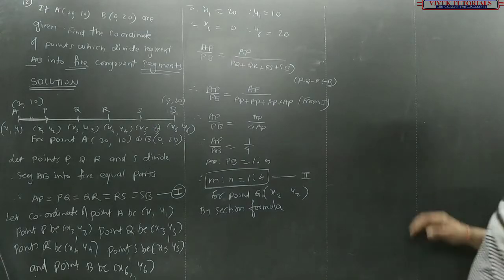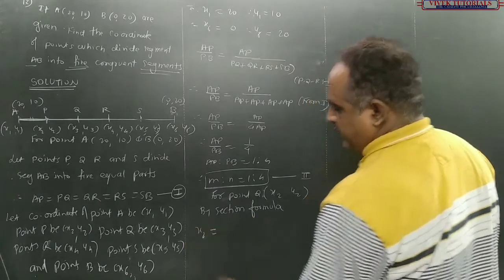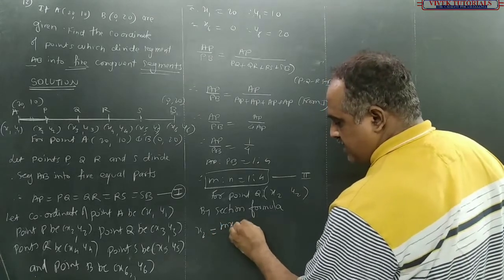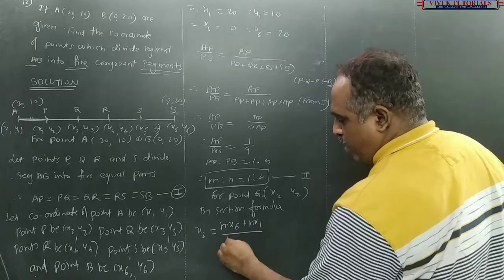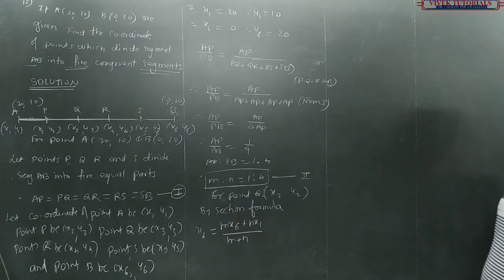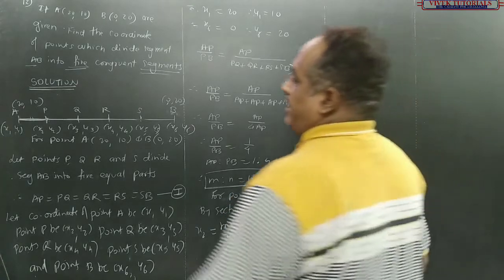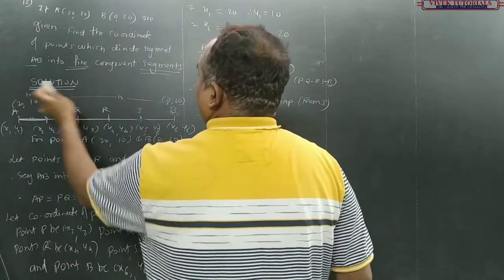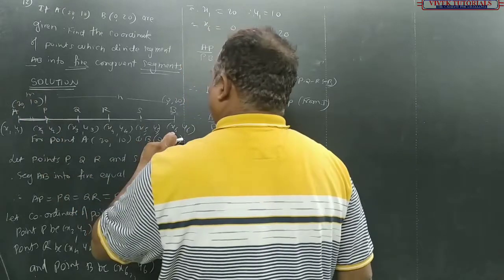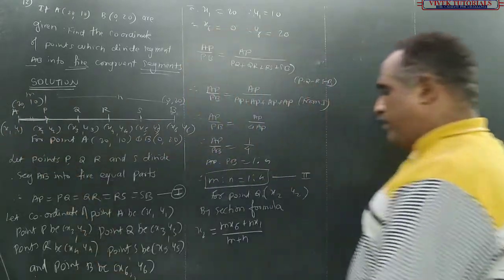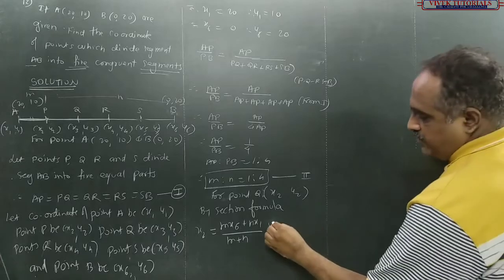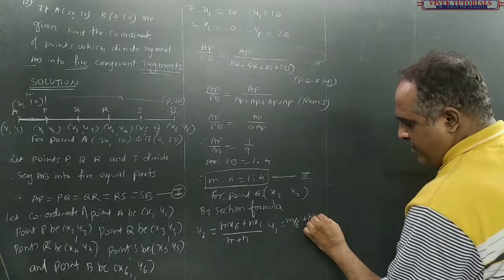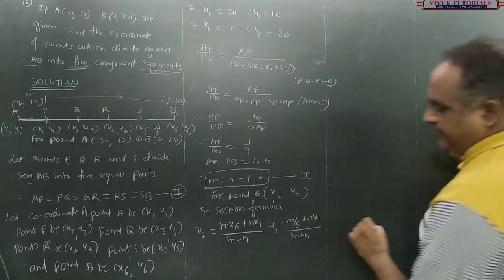We are going to find the value of x2 is equal to m x6 plus n x1 upon m plus n, where this ratio is m and from here it is n. And y2 is equal to m y6 plus n y1 upon m plus n.